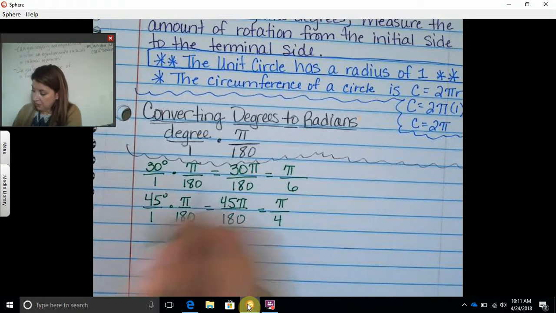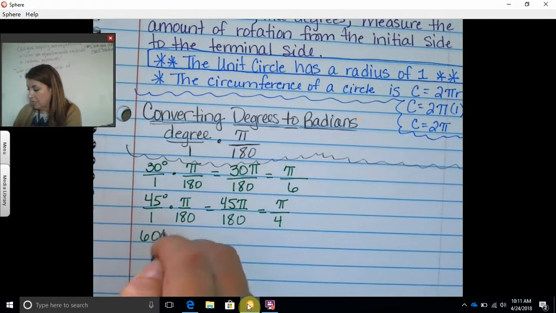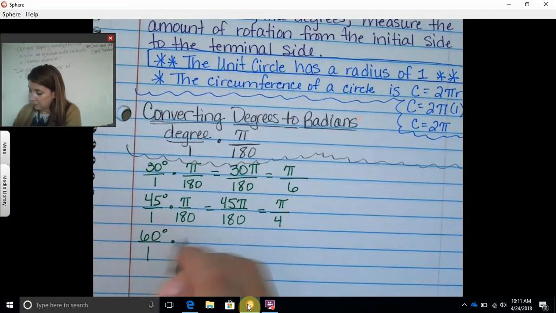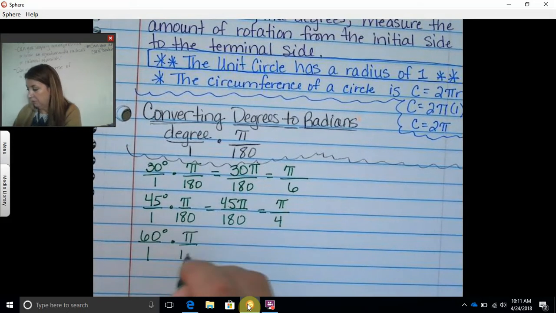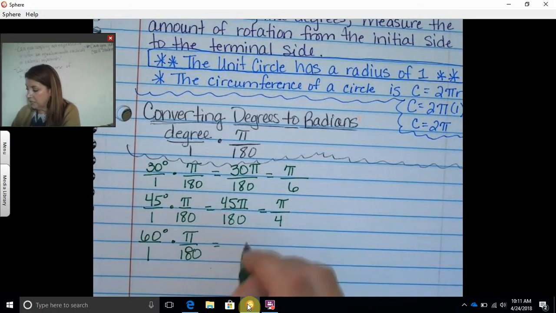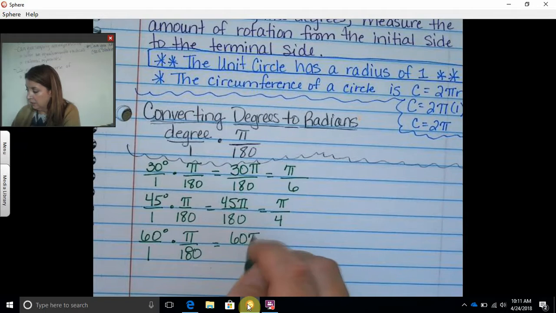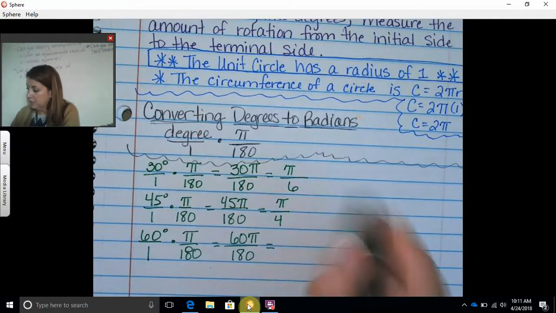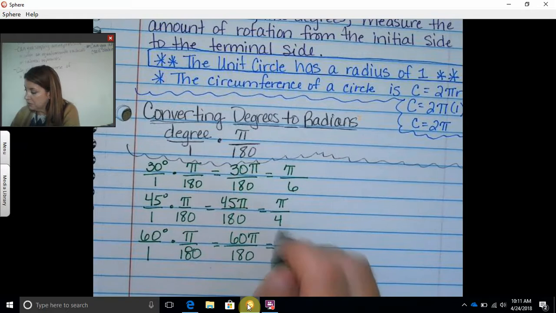Let's try 60 degrees. So 60 degrees divided by 1 times pi over 180. So that's 60 pi over 180, which is what? What is 60 over 180 reduced to? Pi over 3, right? 60 goes into 60 once, 60 goes into 180 3 times.